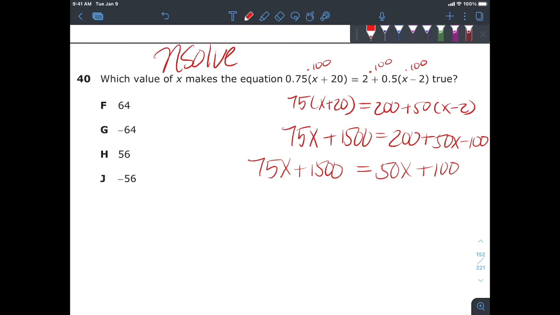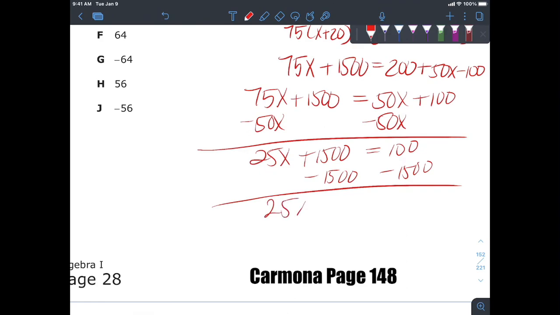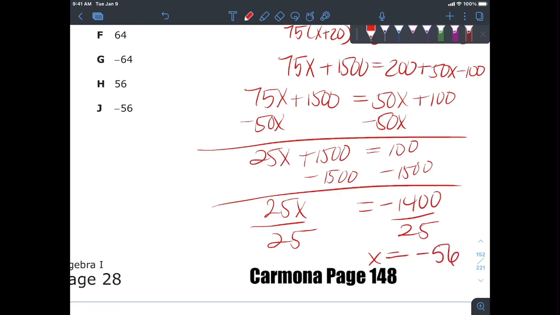Now I'm going to go ahead and start collecting everything. I'm going to move all these x's over here to get them together. Now I'll go ahead and start my exciting move. Great divide. And I find out that x has a value of negative 56.